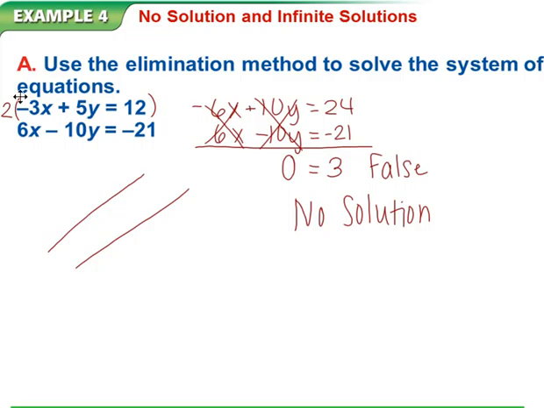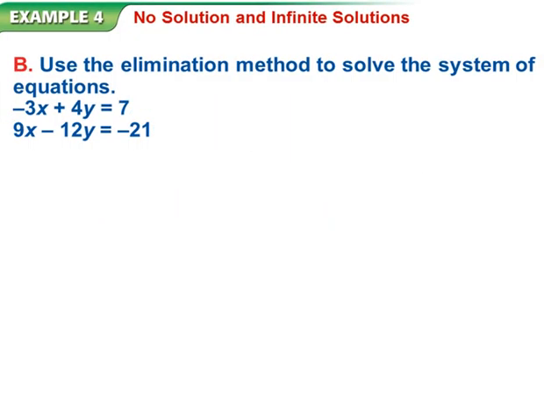Okay, let's look at another type of problem. Again, we're ready to try out elimination on this, except nothing is matching up yet, so we're going to try to get them to match up. Let's multiply the top equation by 3 so that our x's will match. But then as we can see here, the y's are matching up as well.